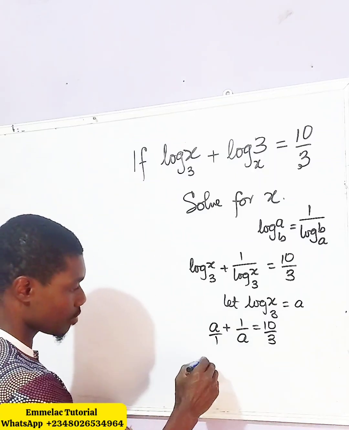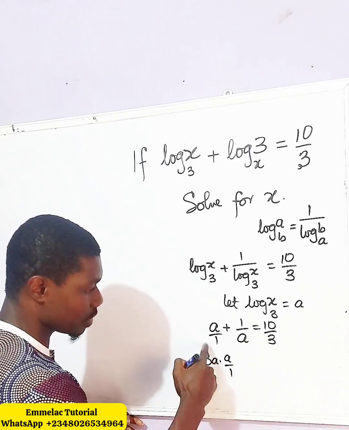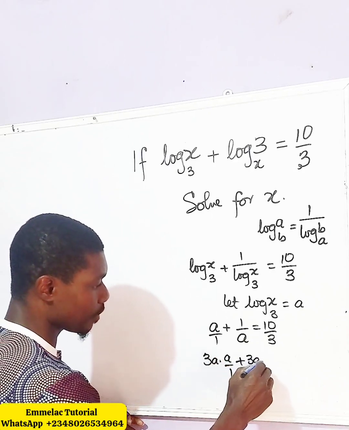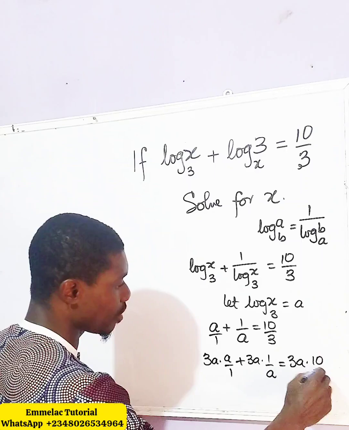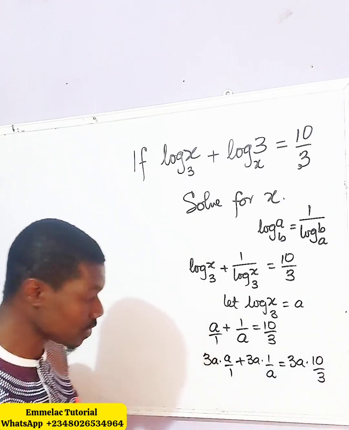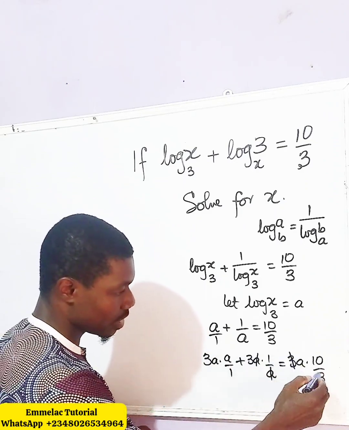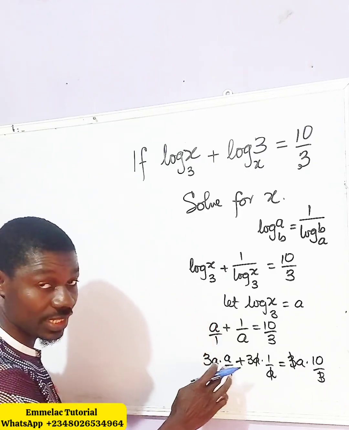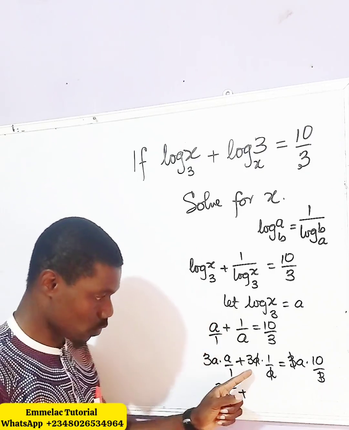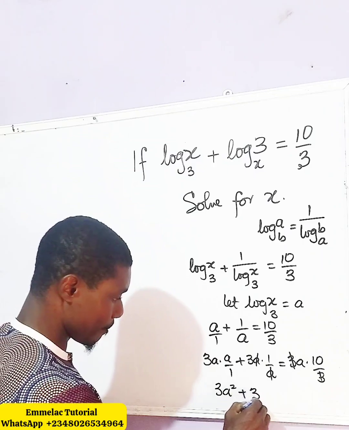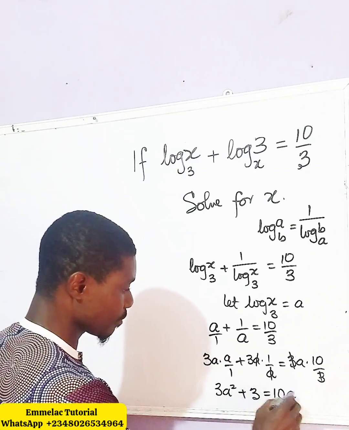So this becomes 3a times a over 1, plus 3a times 1 over a, equals 3a times 10 over 3. At this point, we can cancel these terms. We are left with 3a times a, which gives 3a squared, plus 3, equals 10a.